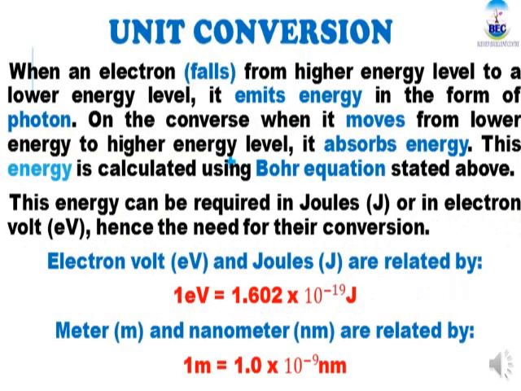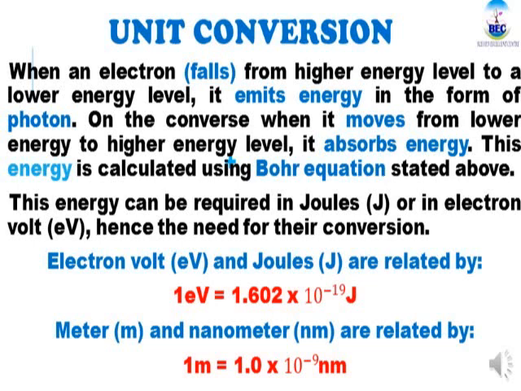Unit conversion. When an electron falls from a higher energy level to a lower energy level, it emits energy in the form of a photon. On the converse, when it moves from a lower energy to a higher energy level, it absorbs energy. This energy is calculated using the Bohr equation as stated above.